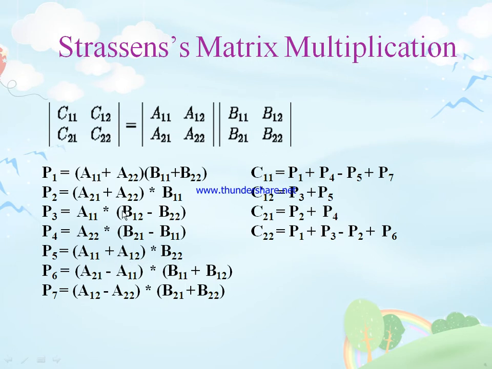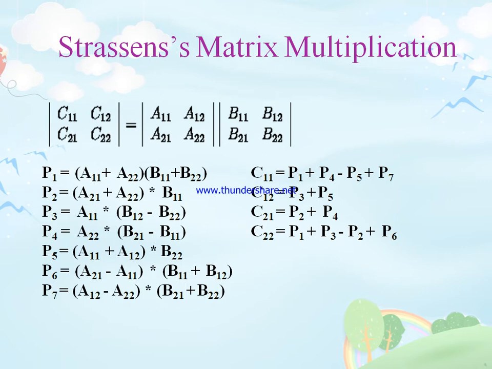These are the 7 products we produce by 7 function calls, and next we can get the cell values by performing additions or subtractions on these products. So you can see the number of multiplications: 1 multiplication in P1, 1 in P2, 1 in P3, 1 in P4, 1 in P5, 1 in P6, 1 in P7. So these are the products.